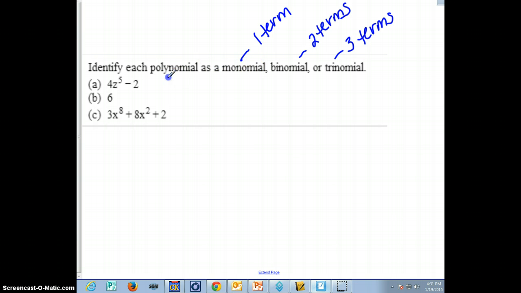So it has 2 terms, so it's binomial. The next one has 1 term, so that's monomial. Third one has 3 terms, so it is a trinomial. So that's just about naming.